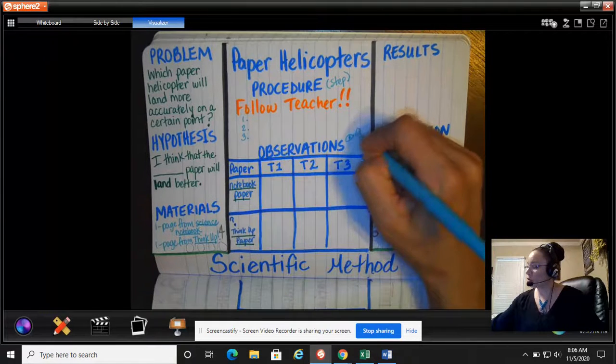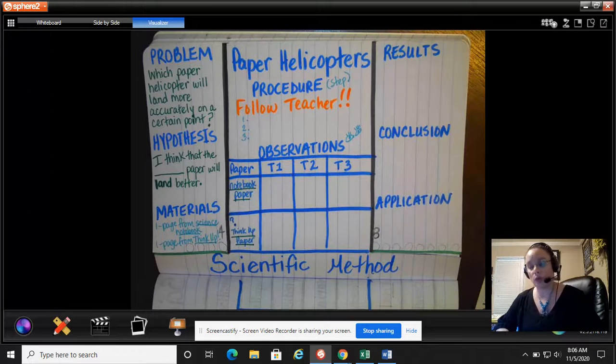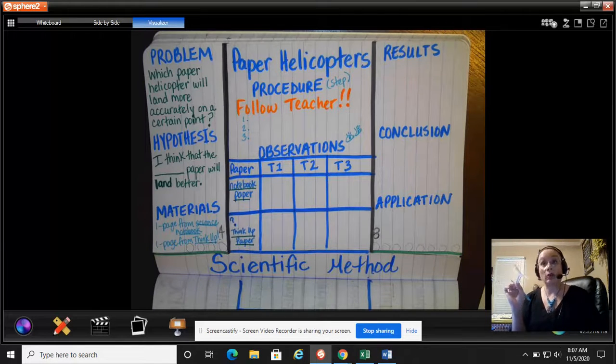That means you're going to watch or see what actually happens. So when I do my helicopter, and here's my helicopter from the science notebook page, if you want to know how to make a helicopter, there is a video on how to make a helicopter in the Google Classroom.